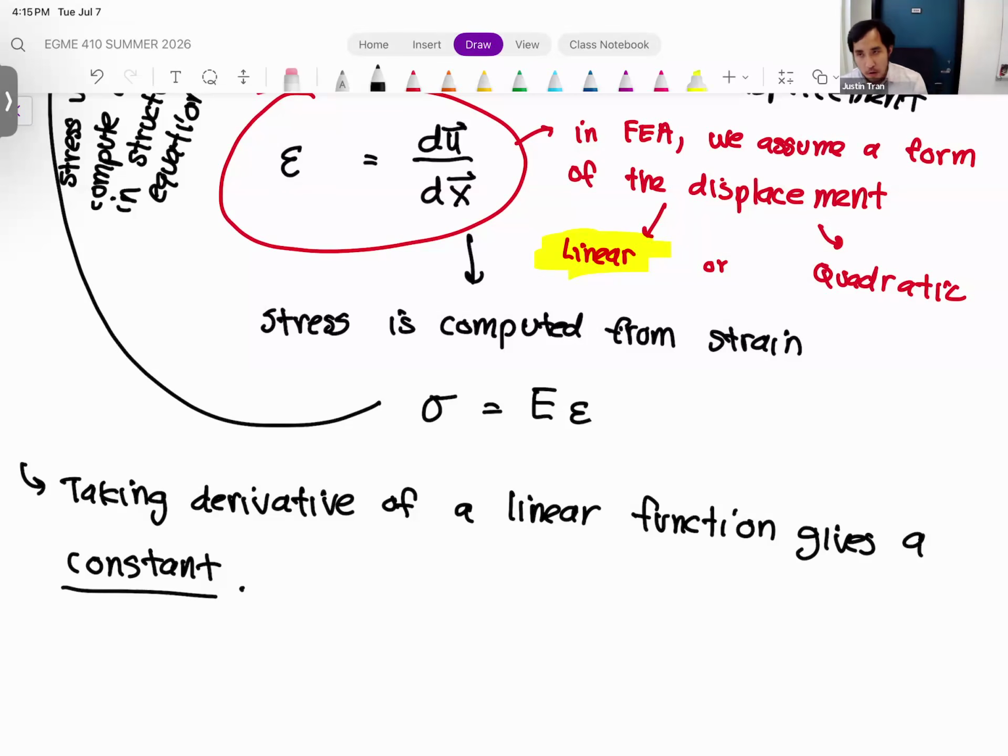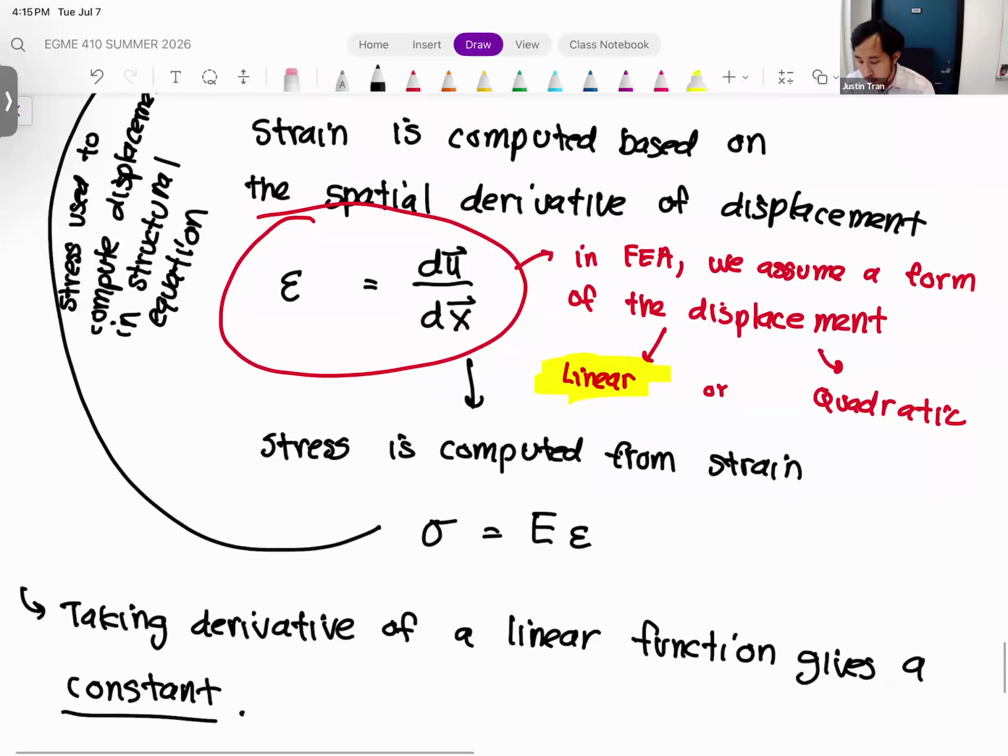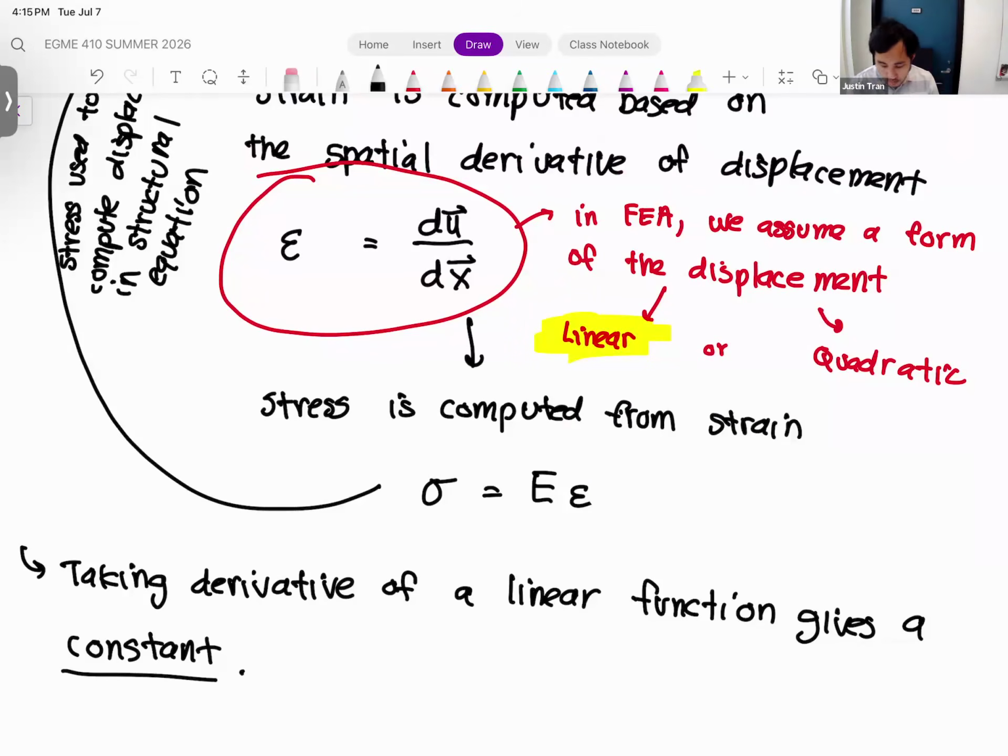And so if we follow that along our logical pathway here, that means for a linear element, the strain within the element is also going to be constant.